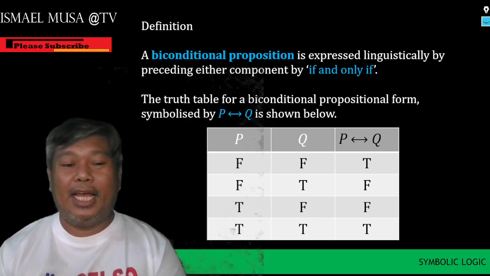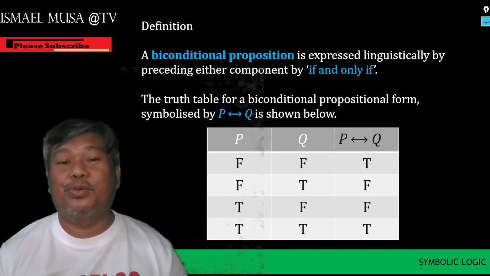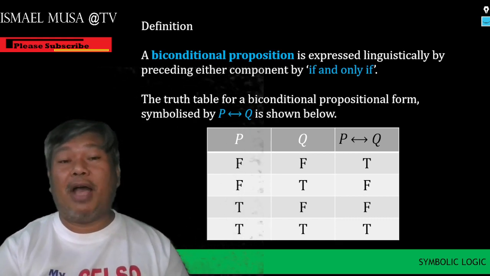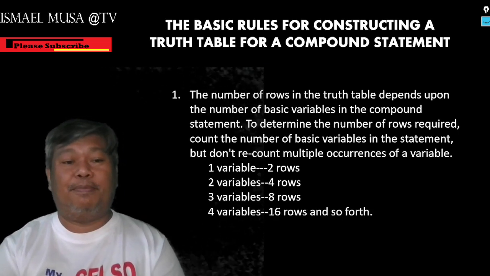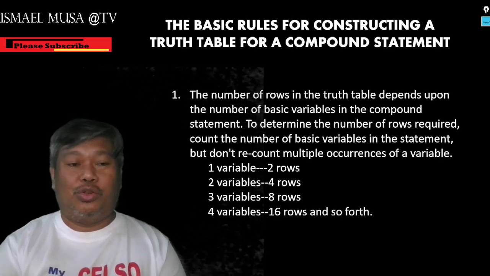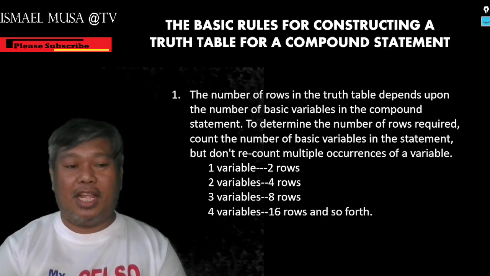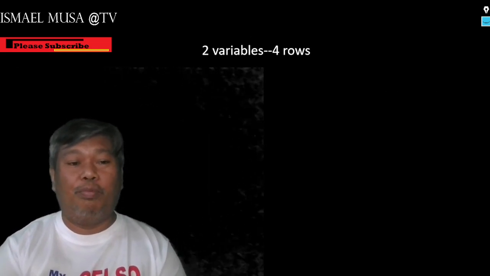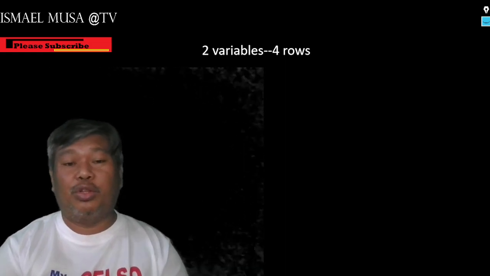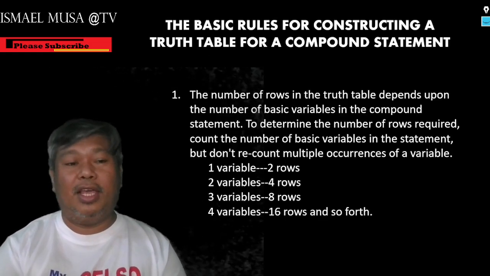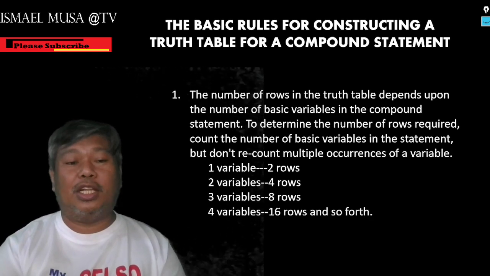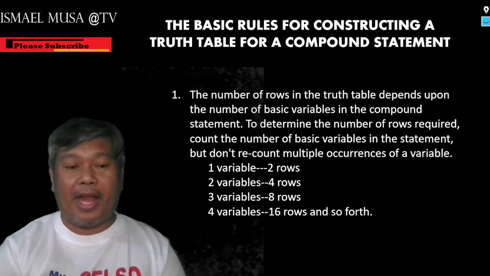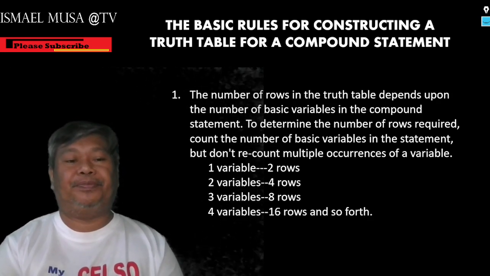So, allow me to make it clearer how to make a truth table. Consider the following basic rules for constructing a truth table for a compound statement. You can just read it. So the number of rows in the truth table depends upon the number of basic variables in the compound statement.